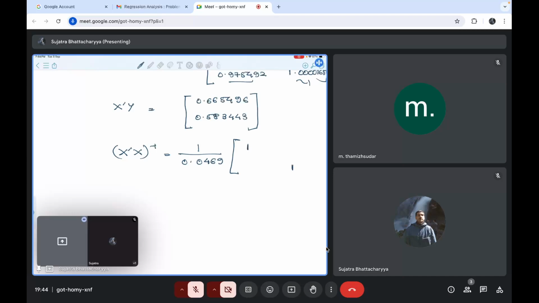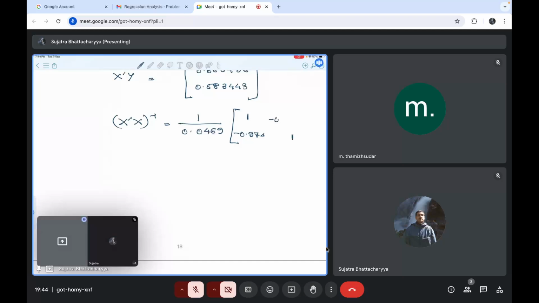So I can write 1 upon 1 minus 0.975492, and minus 0.975492. You can keep it 1 or 0.99 something, whatever it is there.